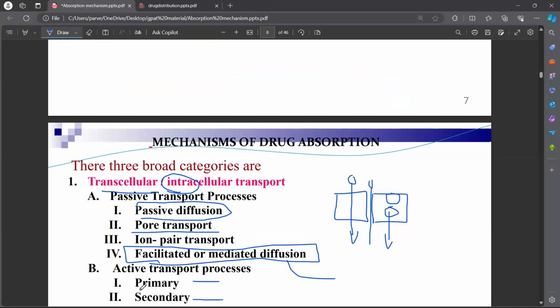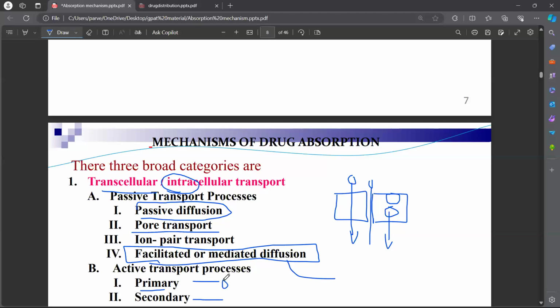What is meant by the primary active transport process? Do you guys have any idea? Primary needs direct ATP requirements. Okay, great, Harshali. Yeah, ATP. Both require ATP, but primary generates energy and secondary utilizes previously generated energy.